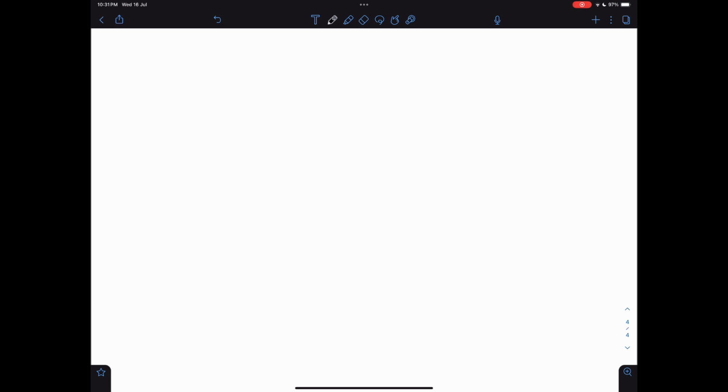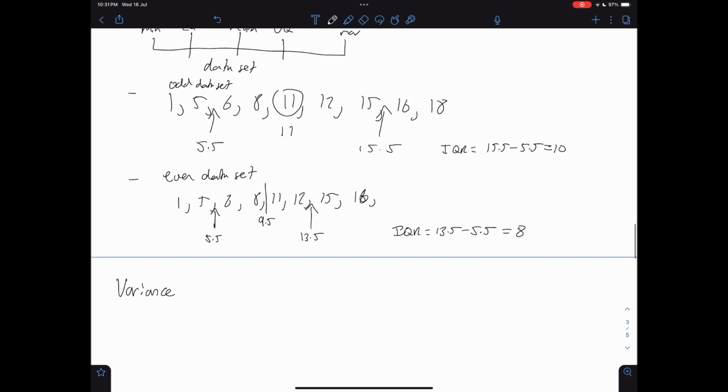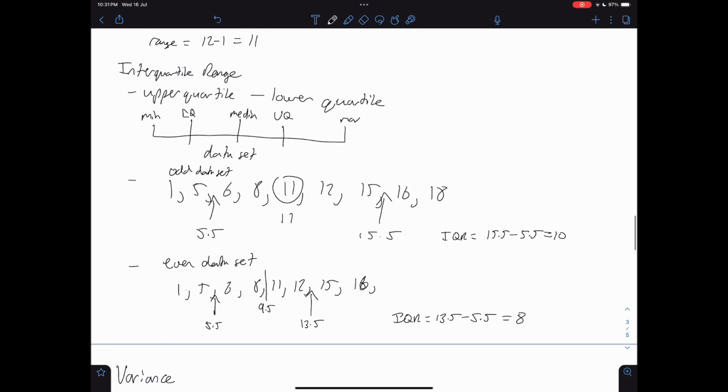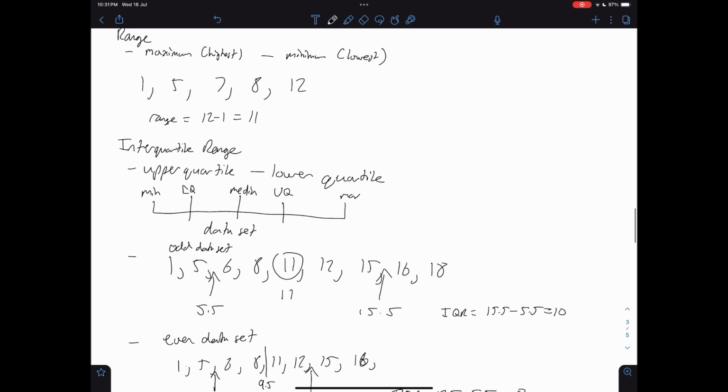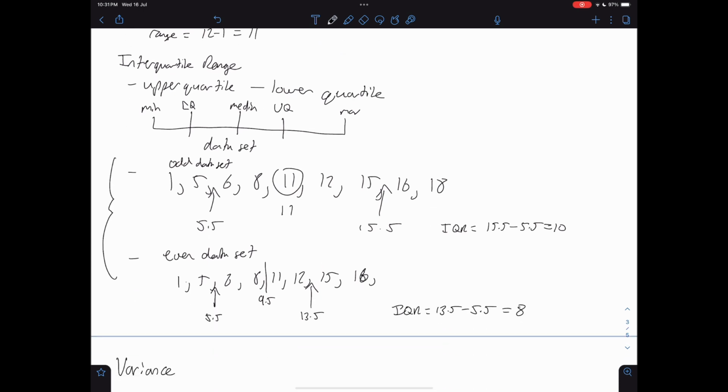But there is another way that we can try to figure out how spread out a data set is. The variance. And additionally, I should note for your quartiles, this is for ungrouped data.